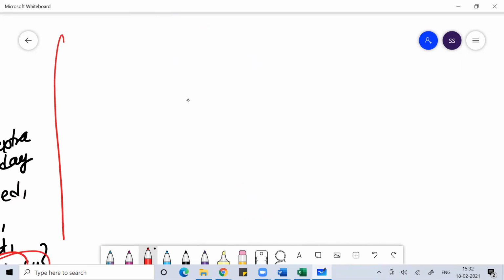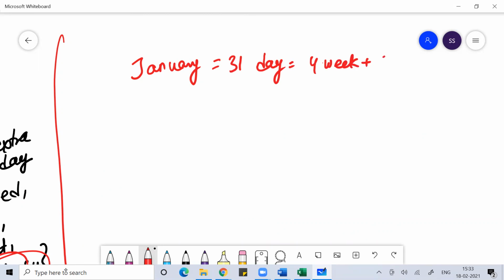So you understood the concept of a normal year and a leap year. Now, when we say a month like January, you have 31 days. You can say it is 4 weeks plus 3 extra days, 28 plus 3.